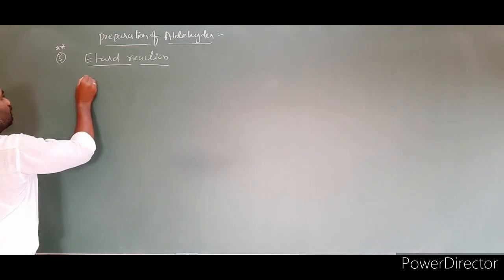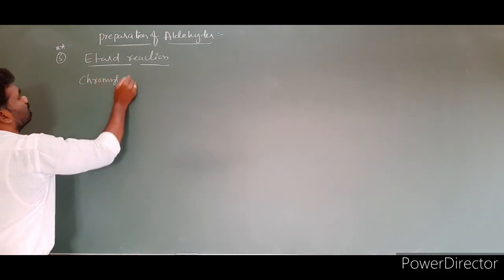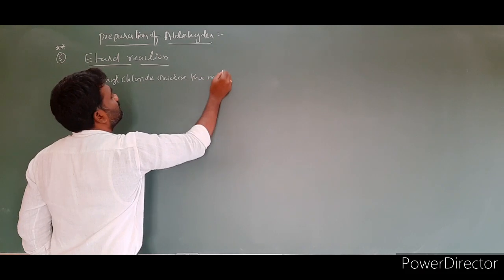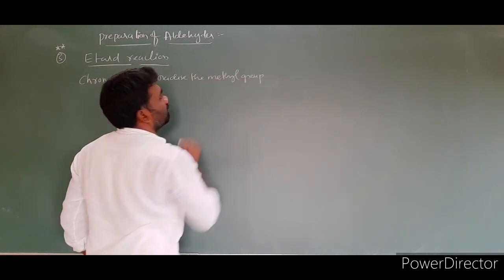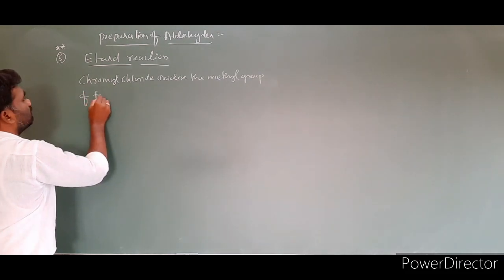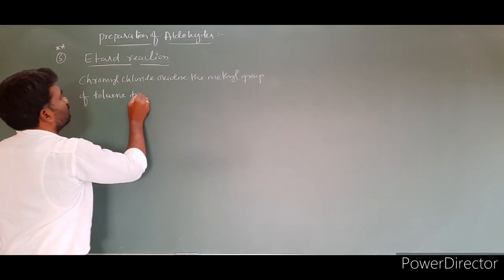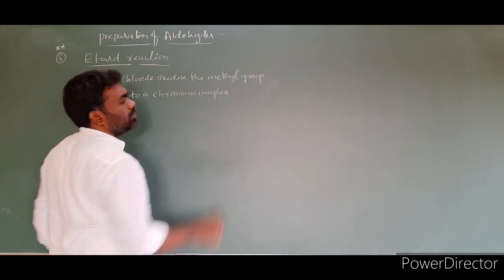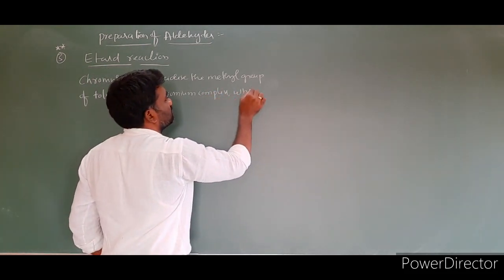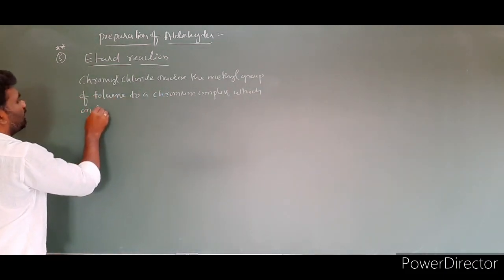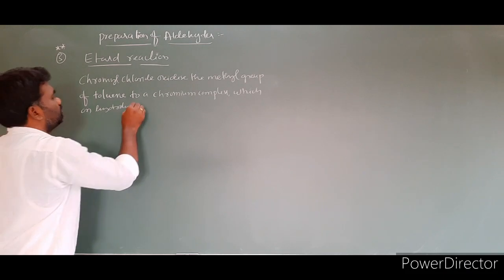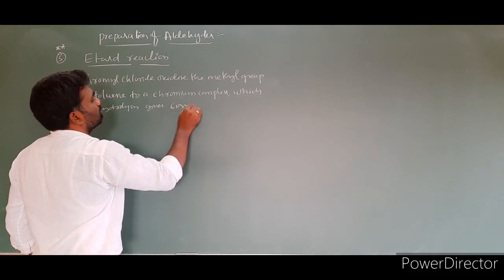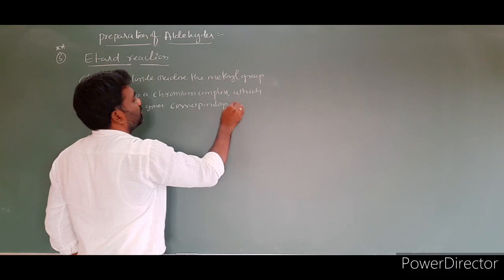First read the statement. Chromyl chloride oxidizes the methyl group of toluene to a chromium complex, which on hydrolysis gives the corresponding aldehydes.